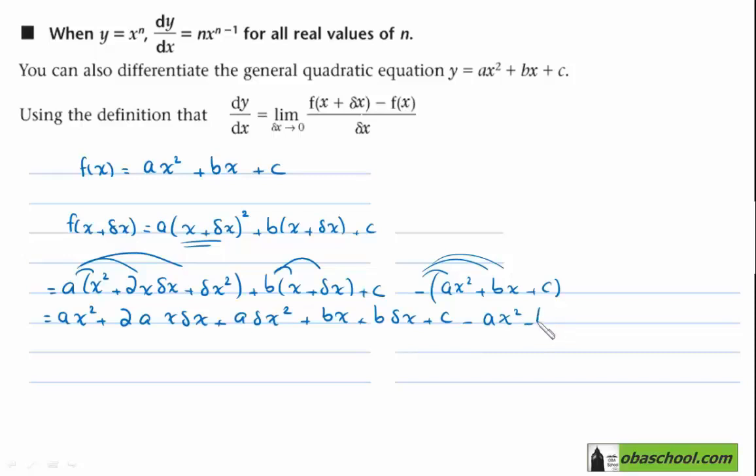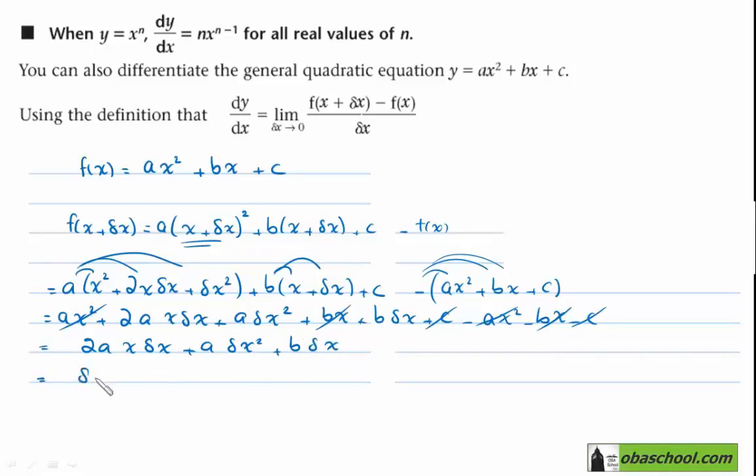We will get minus ax squared minus bx minus c. Now let's remember, this is a subtraction of f of x from f of x plus delta x. Collecting the like terms, ax squared is cancelled with minus ax squared, bx with minus bx, c with minus c. The remaining will be 2ax delta x plus a delta x squared plus b delta x.